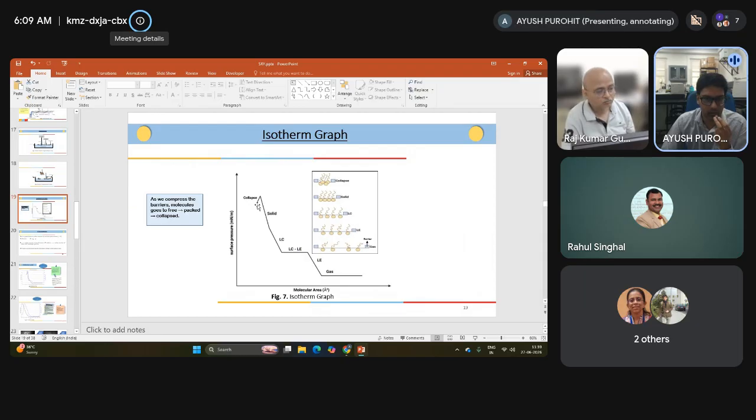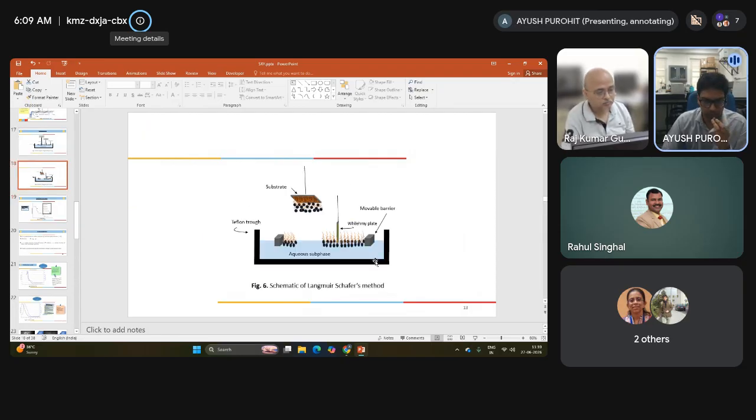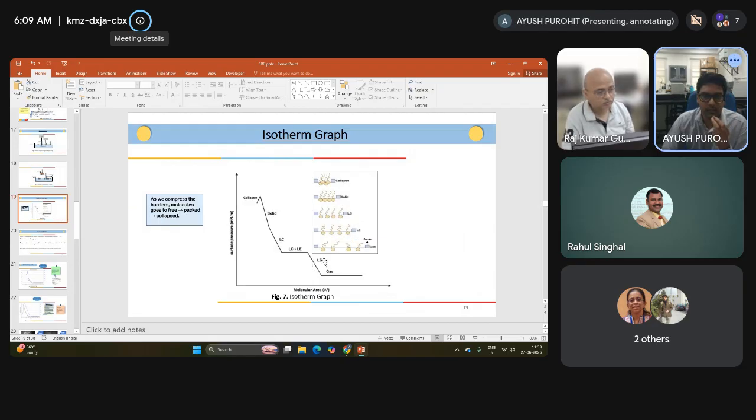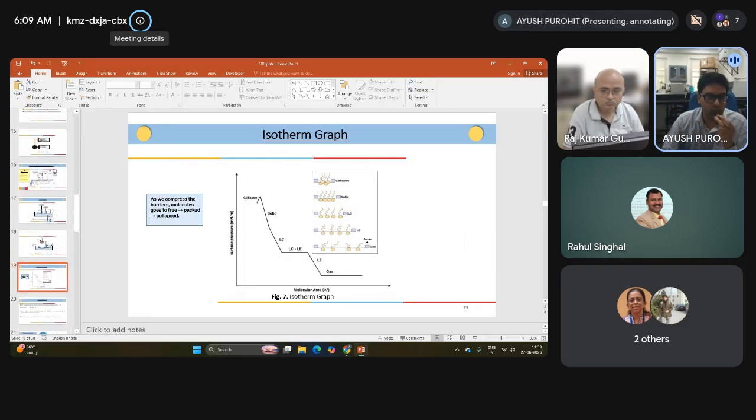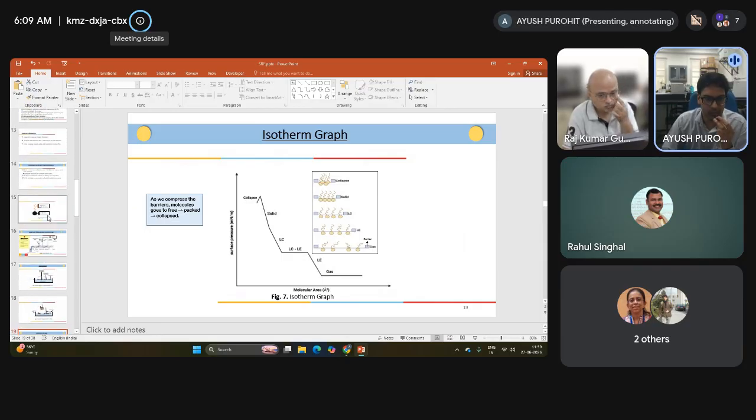Let us suppose this is the A pattern without protein in the subphase, and after using the protein in the subphase, let us suppose we get a B kind of graph. This is just a demonstration. Then we use our substrate for deposition, and we try to use that particular substrate in the QCM or in an electrochemical technique.